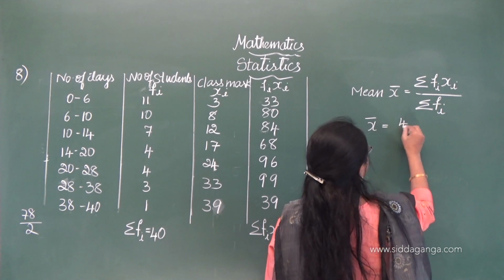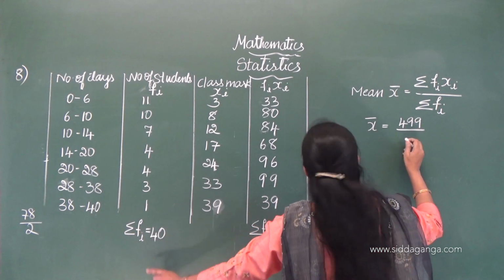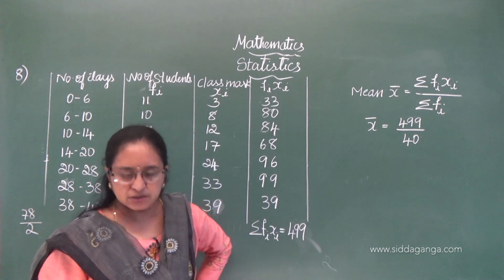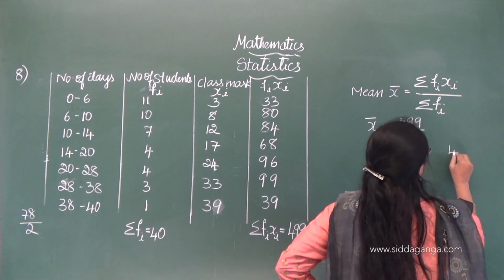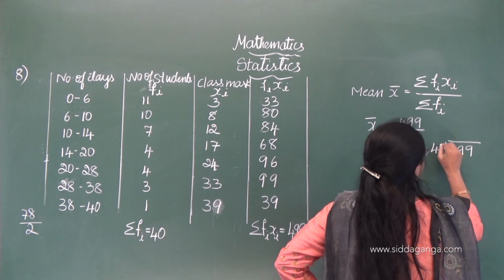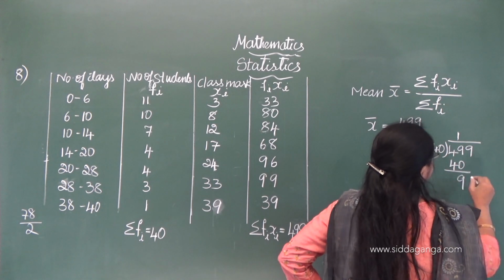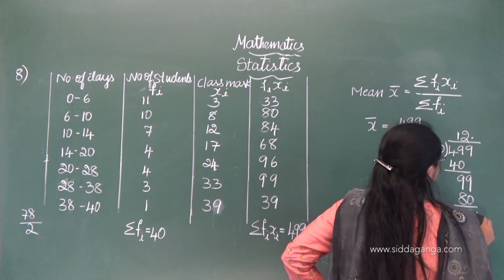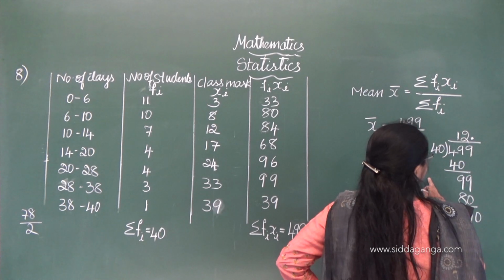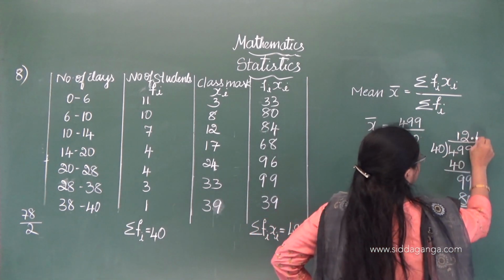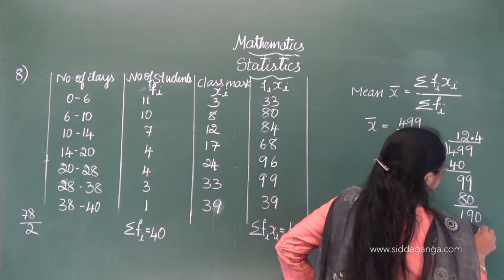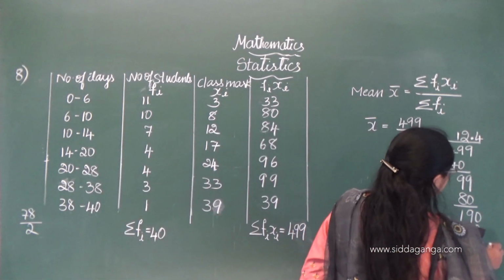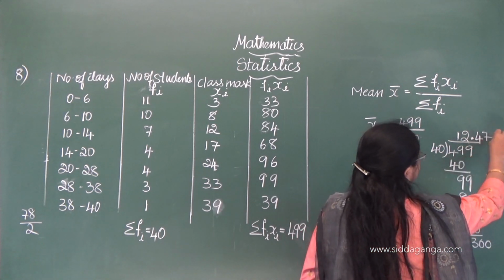Now sigma fi xi is 499 divided by 40. You can divide it and find out. 12.4, 7 4s are 28.